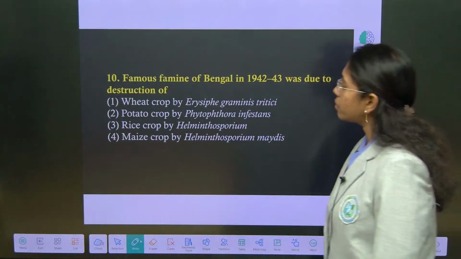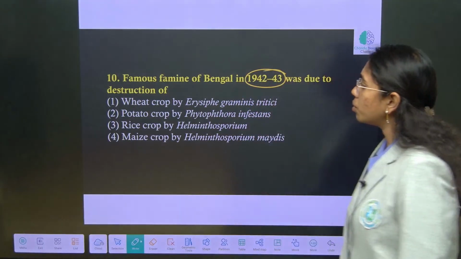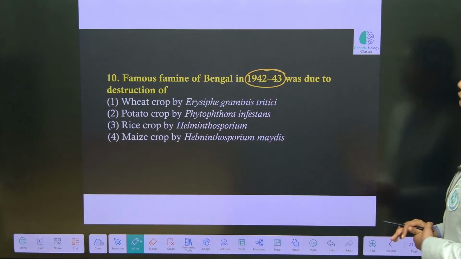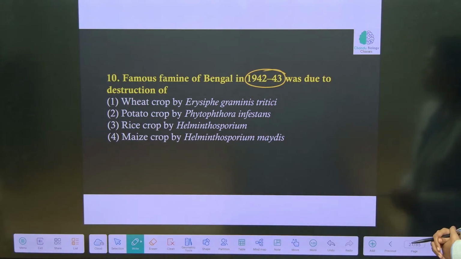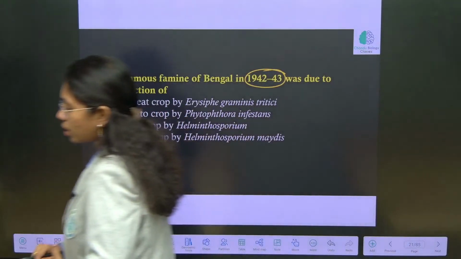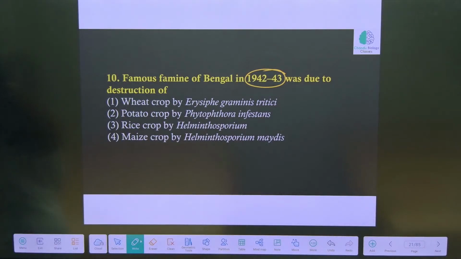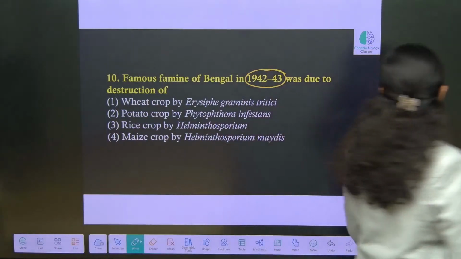The famous famine of Bengal in 1942 to 43 was due to the destruction of what crop? Look at the options carefully and answer. Here we go with the answer.